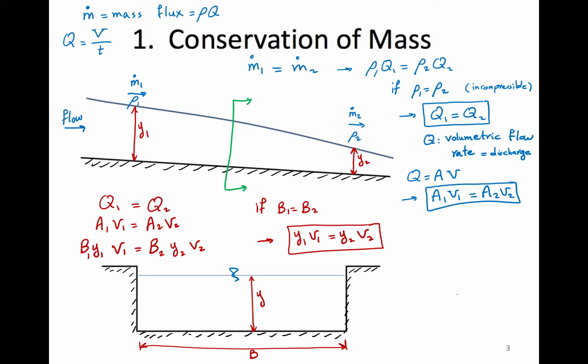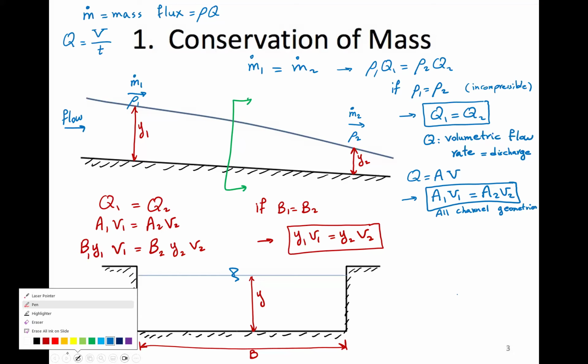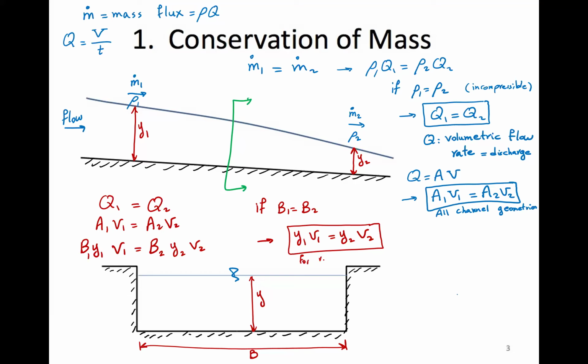So what is the difference between the top and bottom one? I'm going to write it. This one, the previous one that we looked at, is for all channel geometries. We never really mentioned anything about the geometry up to that point, but this one, the red one, is for rectangular channels, and we're assuming the width doesn't change.